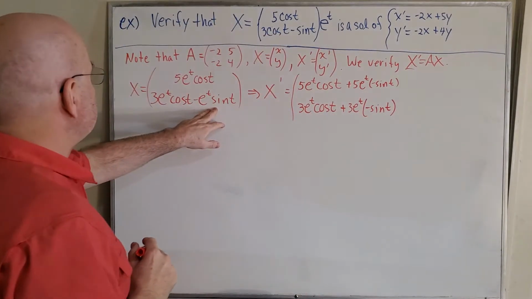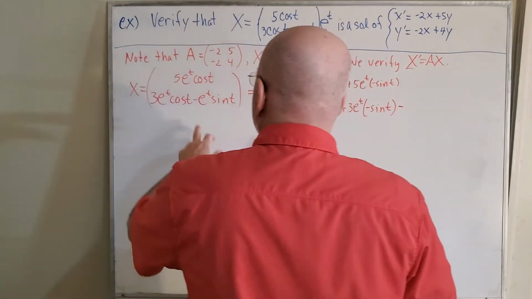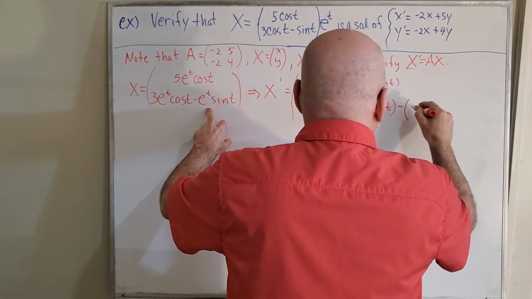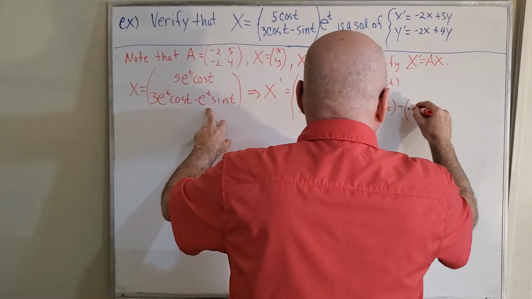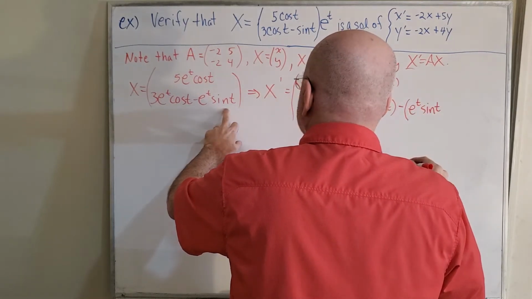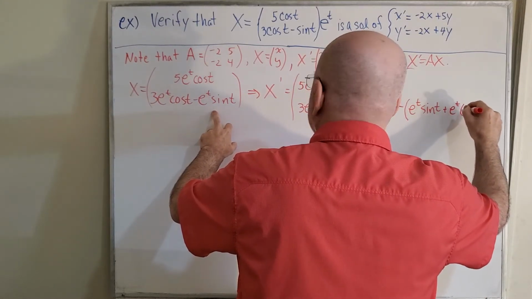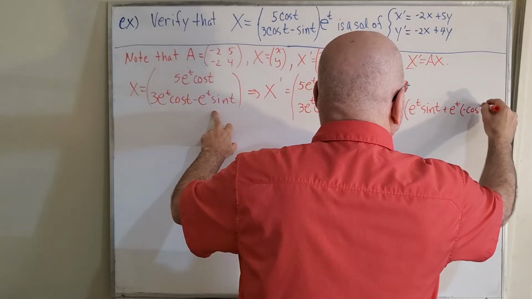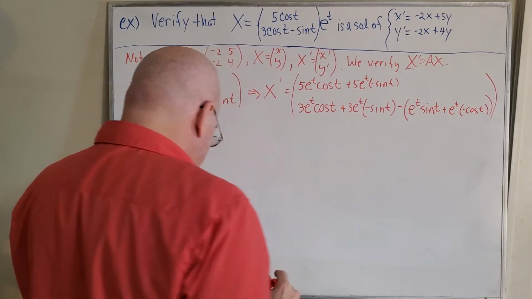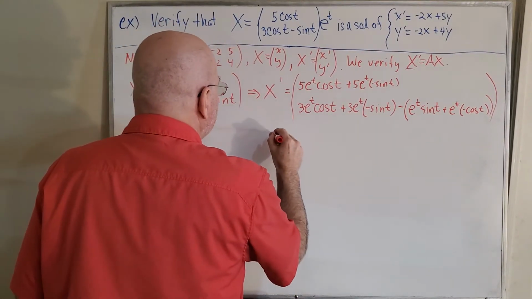And now I've got to do the same with this one, minus, in parentheses, e to the t sin t, that's the derivative of the first times the second, plus the first times the derivative of the second. Whew.